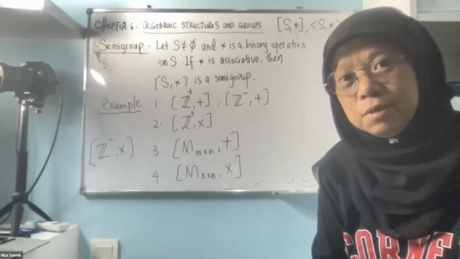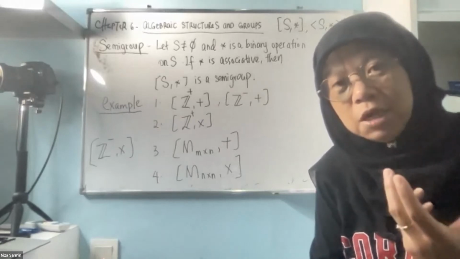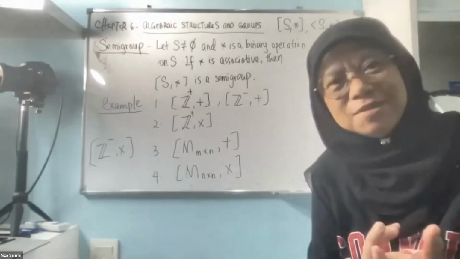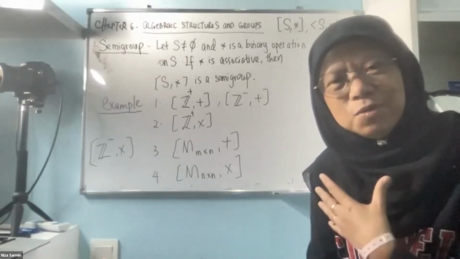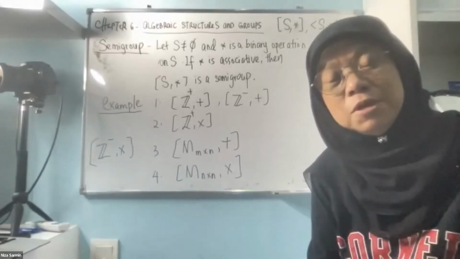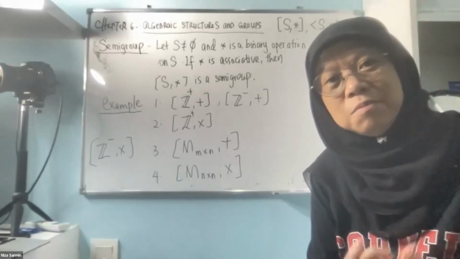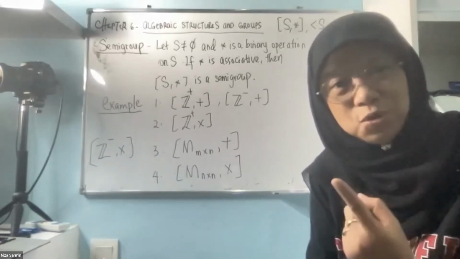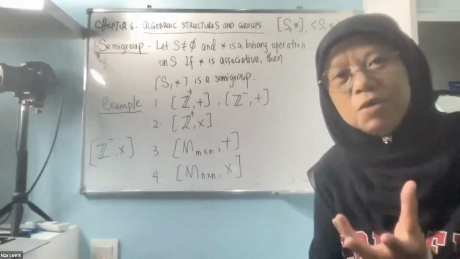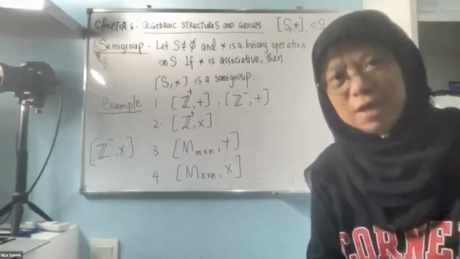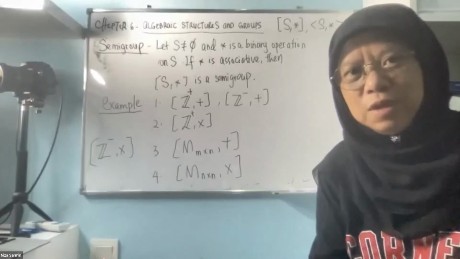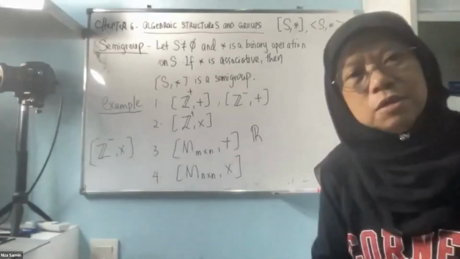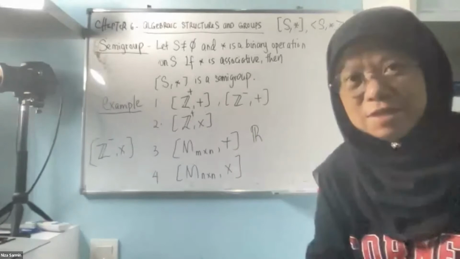So you have to try to put in some examples. If many examples that you put work, it doesn't mean it works, right? Like just now, if you put the rational numbers, and then you say a rational number multiplied or divided by a rational number is a rational number, but there is only one, 0, that does not work. So you have to think about positive, 0, negative. If it's in the set, you have to think about this. And if it's R, you have to also think about fractions, because fractions are in there.